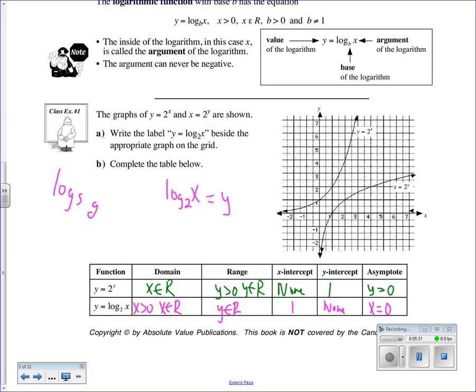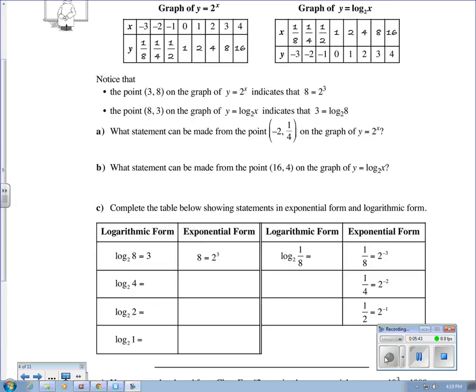Can't say that enough at the start of our lesson. Logs generate exponents. So we're looking at the graph of y equals 2 to the power x, that same table of values we made, and its inverse. And just doing some discussing about the points.